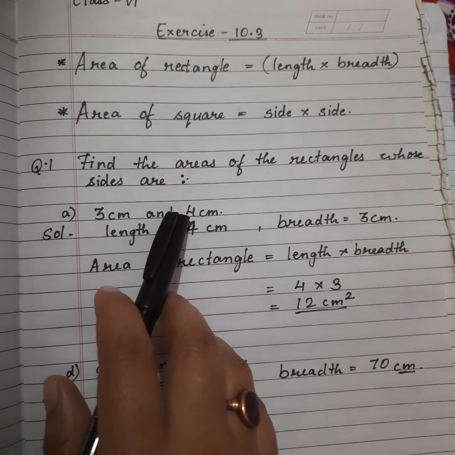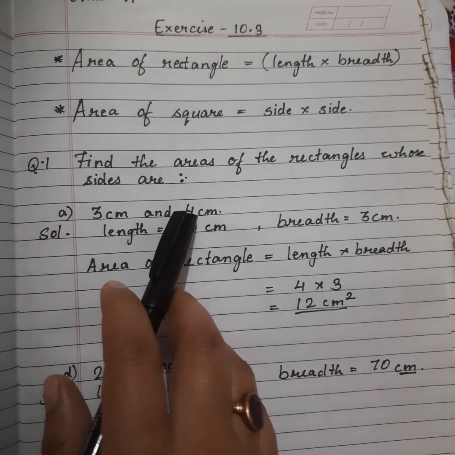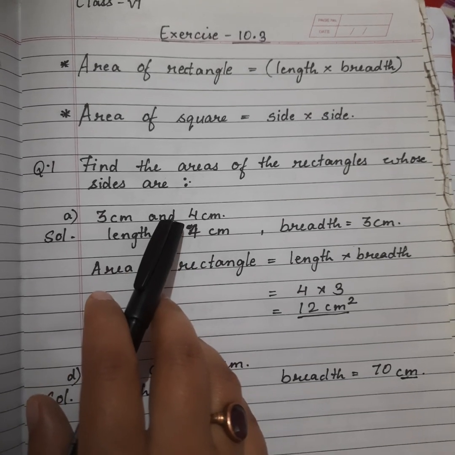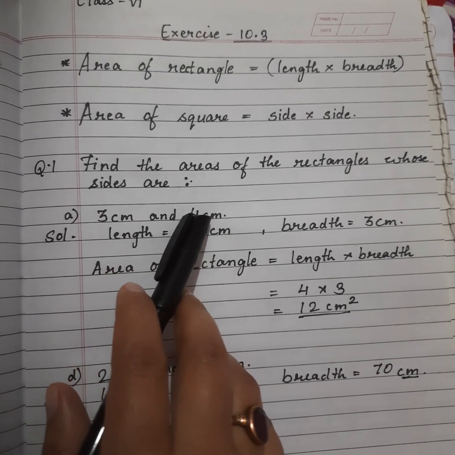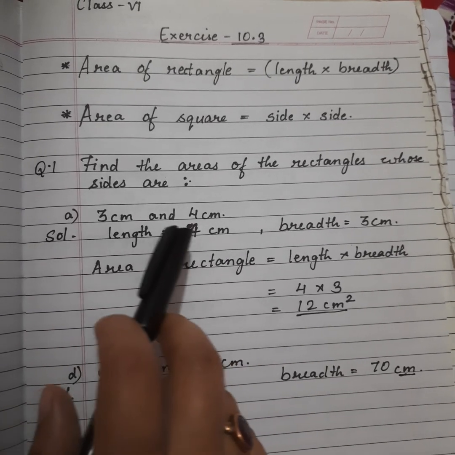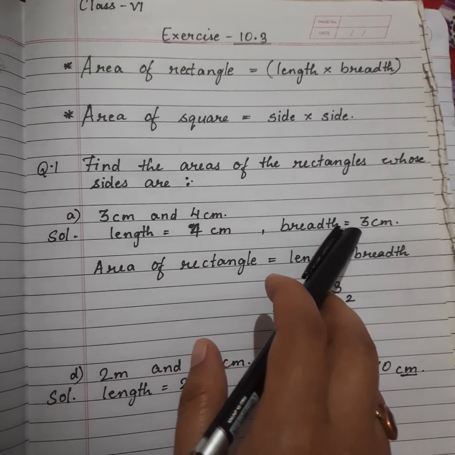As you know, always the length of the rectangle is longer as compared to breadth. So here 3 and 4, which one is the greater digit? 4, of course. So length is 4 centimeter and 3 is your breadth.